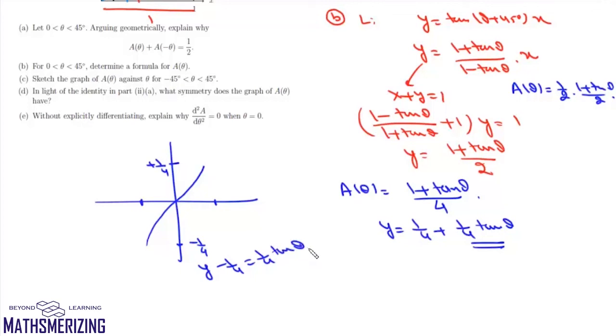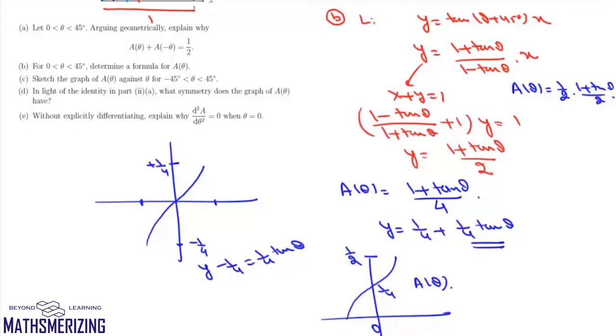So we need to shift this graph 1 by 4 unit upwards. Now we can draw this graph like this. So this is 0, this is 1 by 4 and this is 1 by 2. So that is the graph of A(theta).